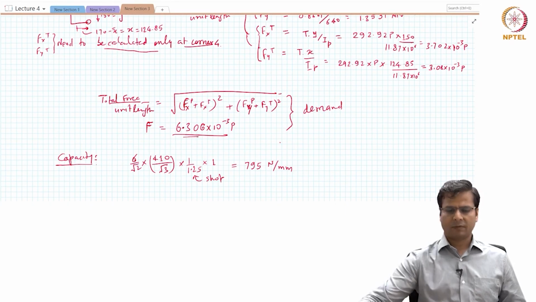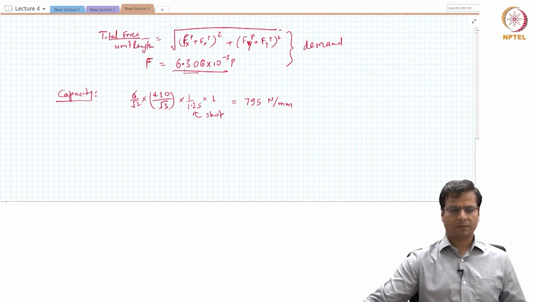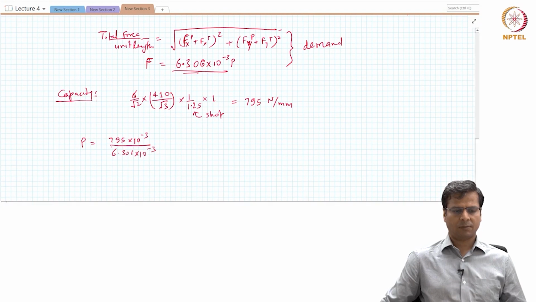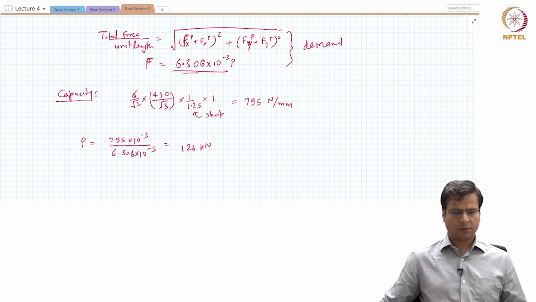So from this, when we equate the two, we can get P is equal to 795 into 10 to the power minus 3, if we write this in kilonewtons, divided by 6.306 into 10 to the power minus 3, and this turns out to be 126 kilonewtons.